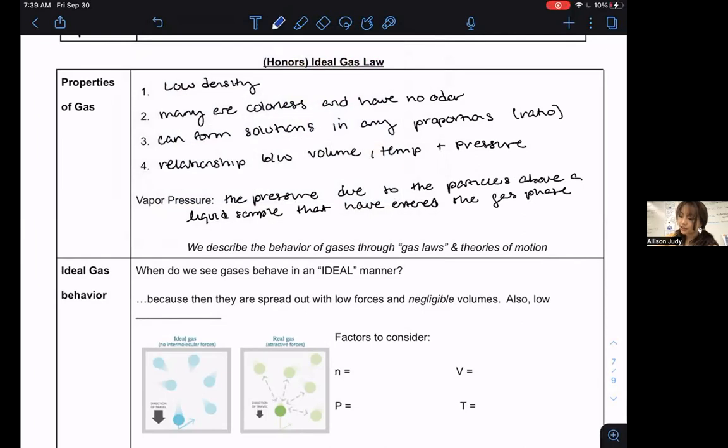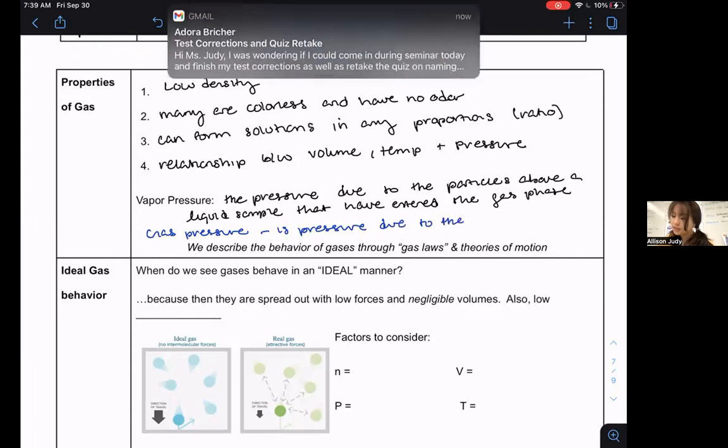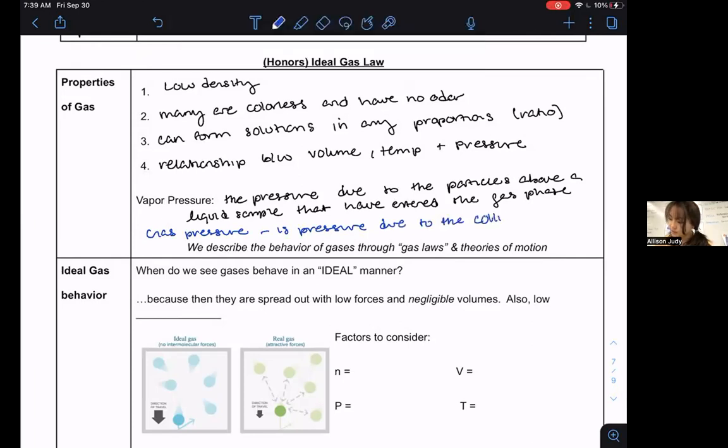But gas pressure is pressure due to the collisions of a gas sample's particles. So there's a slight nuance difference there. Don't worry, it's not a huge thing. It's just something small that I wanted to add in.